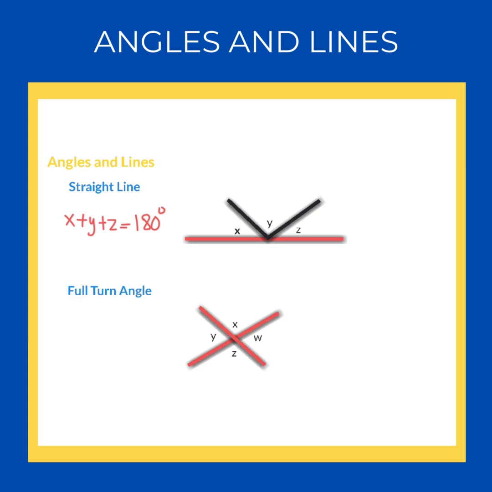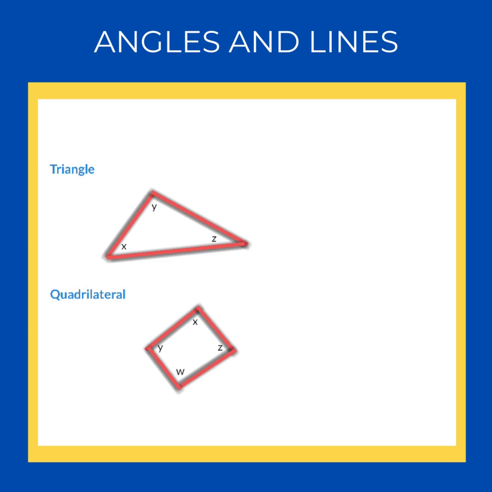So the summation of these four angles add up to 360 degrees. So x plus y plus z plus w equals 360 degrees.